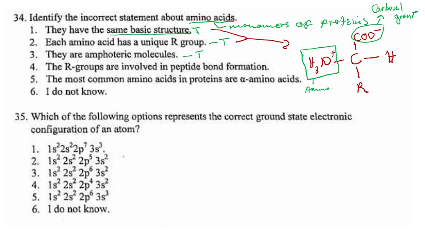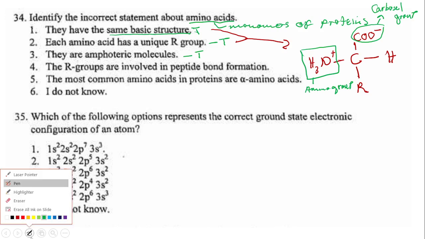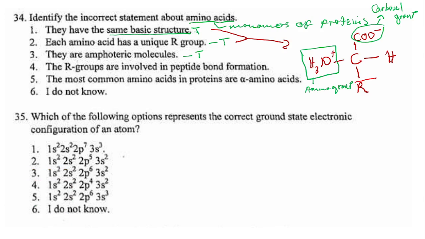You should be able to know the labels of these parts here. Then this one is known as the R group. And this R group is where the difference is. This R group is the one which causes the distinction, so what I mean is it's the one which makes one amino acid different from another.